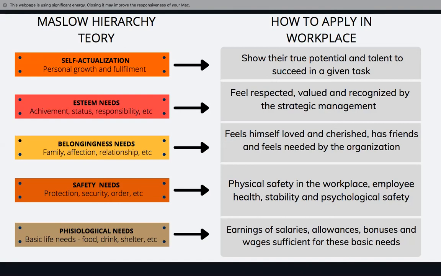The second phase is safety need. Safety need is the second level of need in this theory. This is the basic human need after the first need is successfully met. The safety needs include a desire for stability, defense, protection, and freedom from fear and worry. Through this theory, employees are able to apply safety requirements in the workplace, such as ensuring physical safety, employee health, stability, and psychological safety.